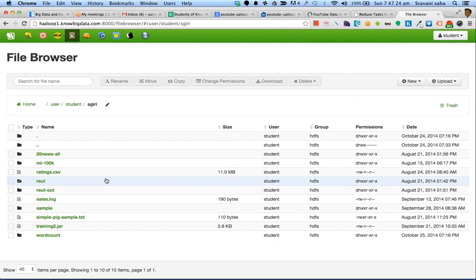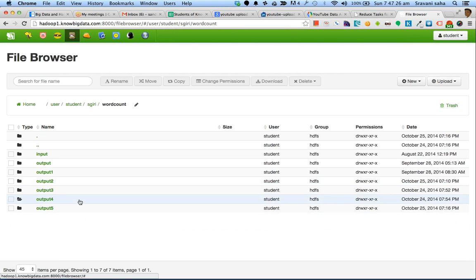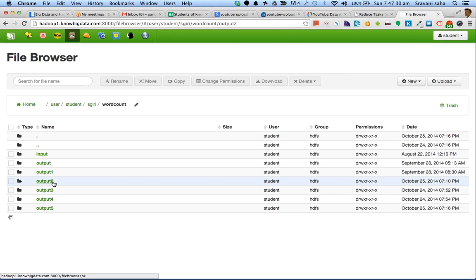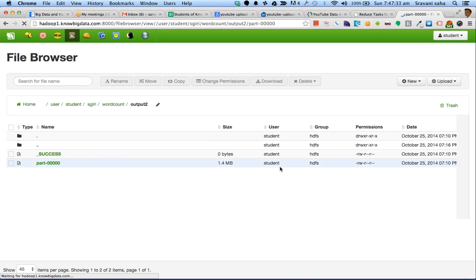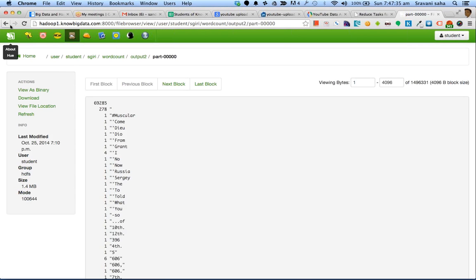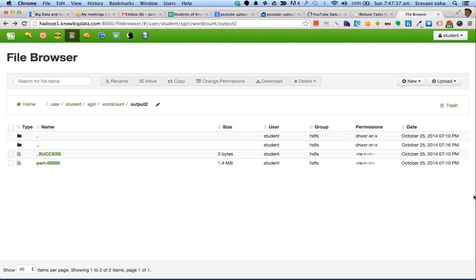So, all right. So these are the folders being created. This is where we stored our previous step data. Okay. Let me see.